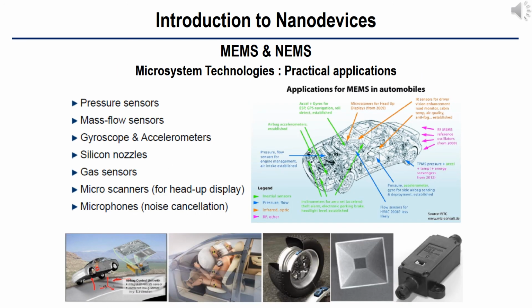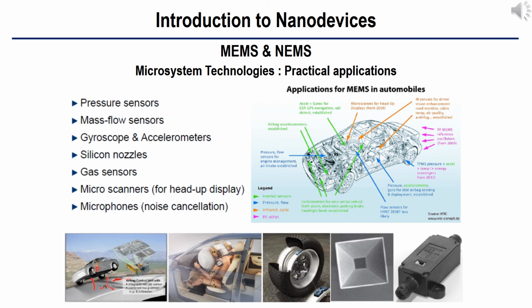MEMS and NEMS have been used widely for a variety of practical applications such as in automobiles. Actually, it is more and more important to integrate many sensors and actuators for autonomous automobiles such as Tesla.